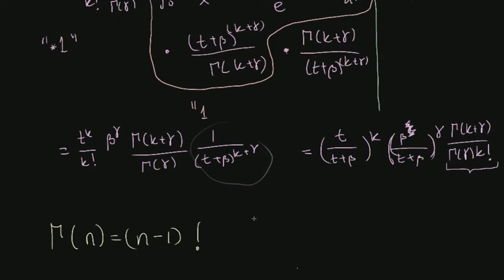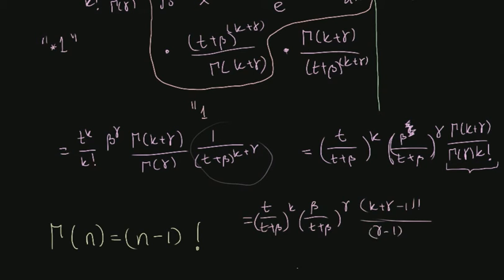So using that notation, I get t divided by t plus beta to the k, and then beta divided by t plus beta to the gamma, multiplied by k plus gamma minus 1 factorial, divided by gamma minus 1 factorial multiplied by k factorial.